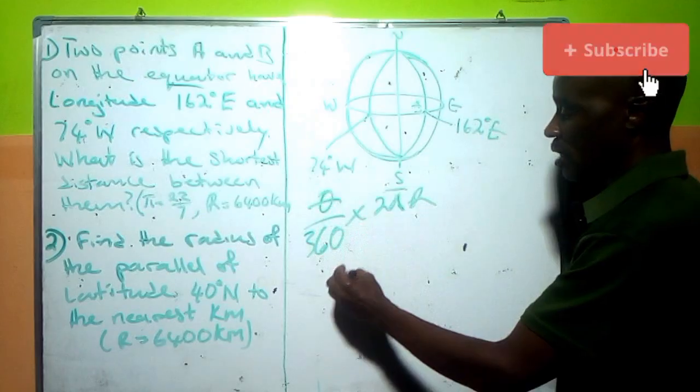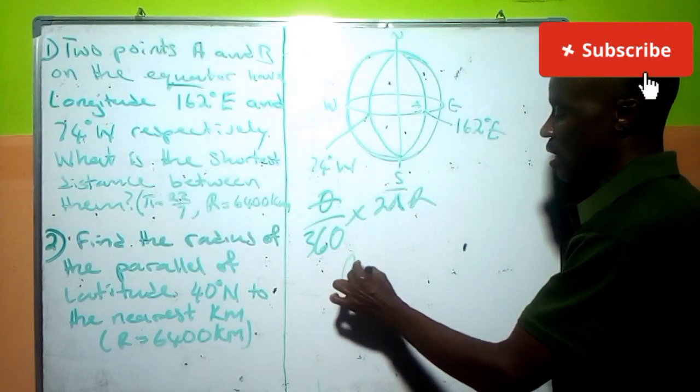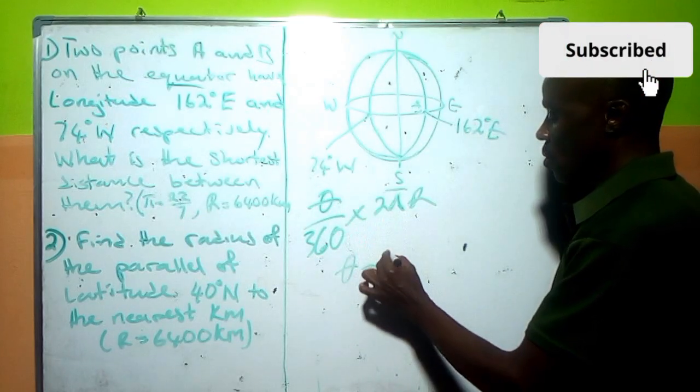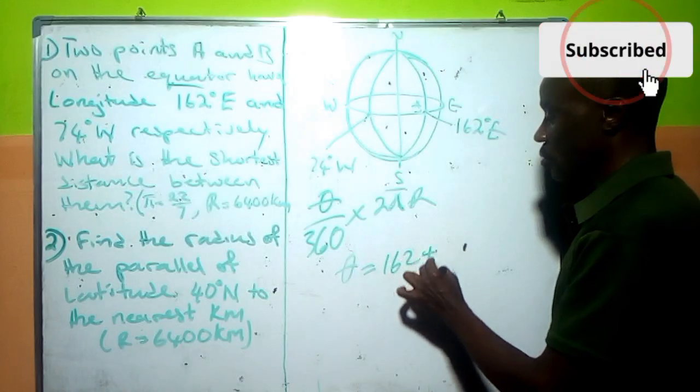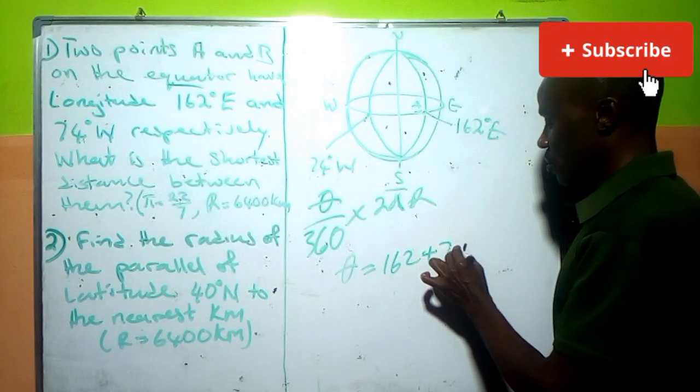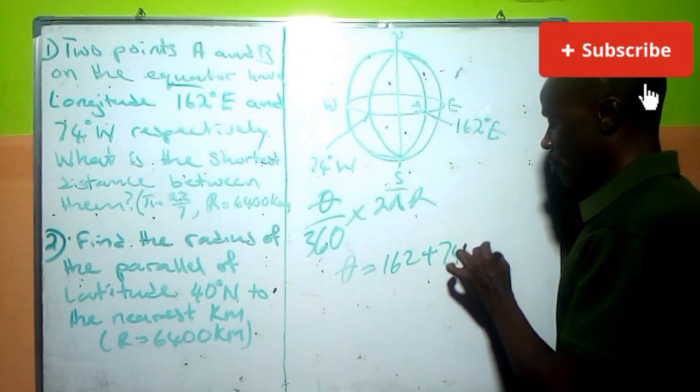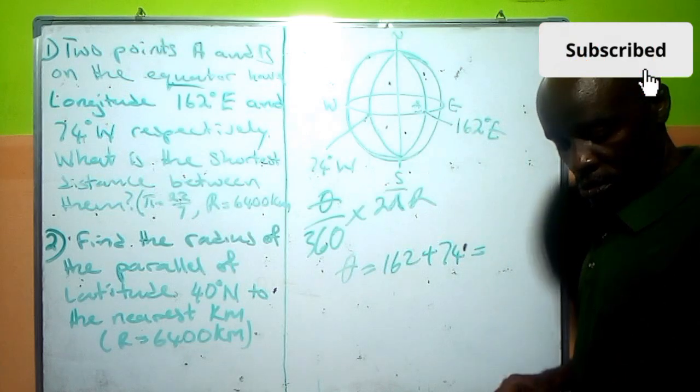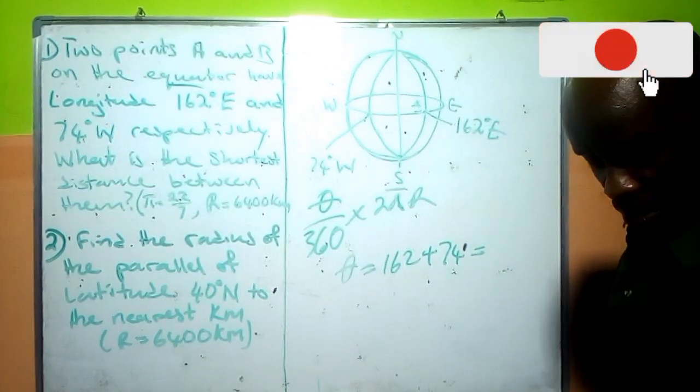So to get this theta, what are we going to do? Theta will then be equal to 162 plus 74. That will give us, let me check.